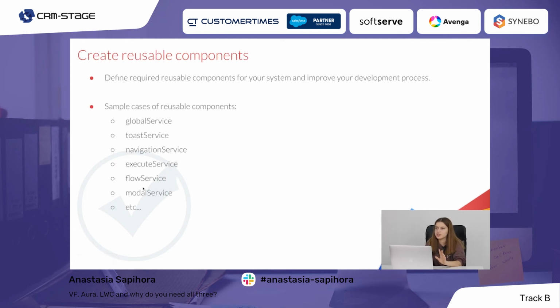Also, the recommendation is to create reusable components. Define the required reusable components for your system and improve your development process this way. Some samples of custom reusable components which you can configure in LWC: it's a global service, which will contain different utility items, toast service, navigation service, execute flow, modal, because every system has modal windows.